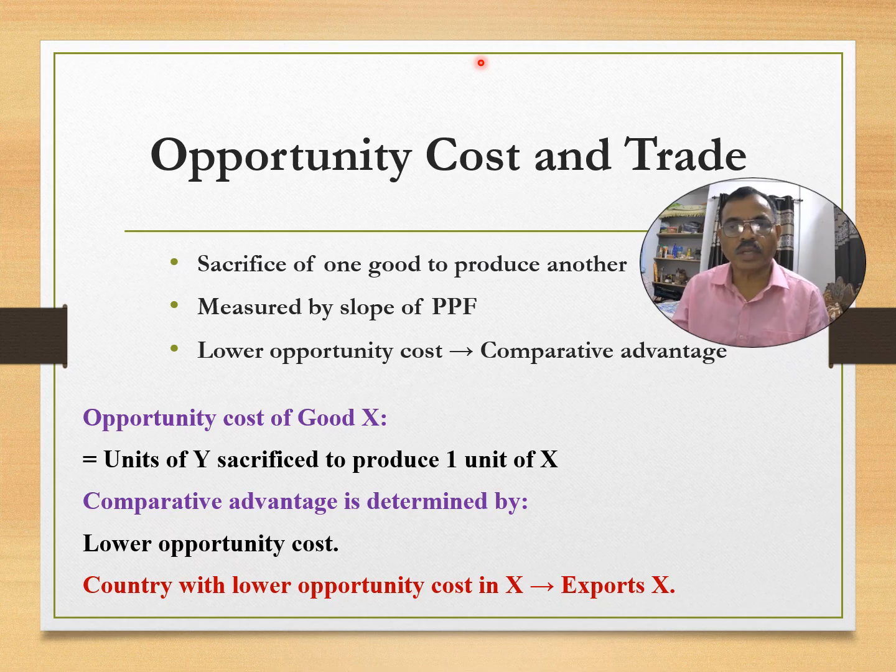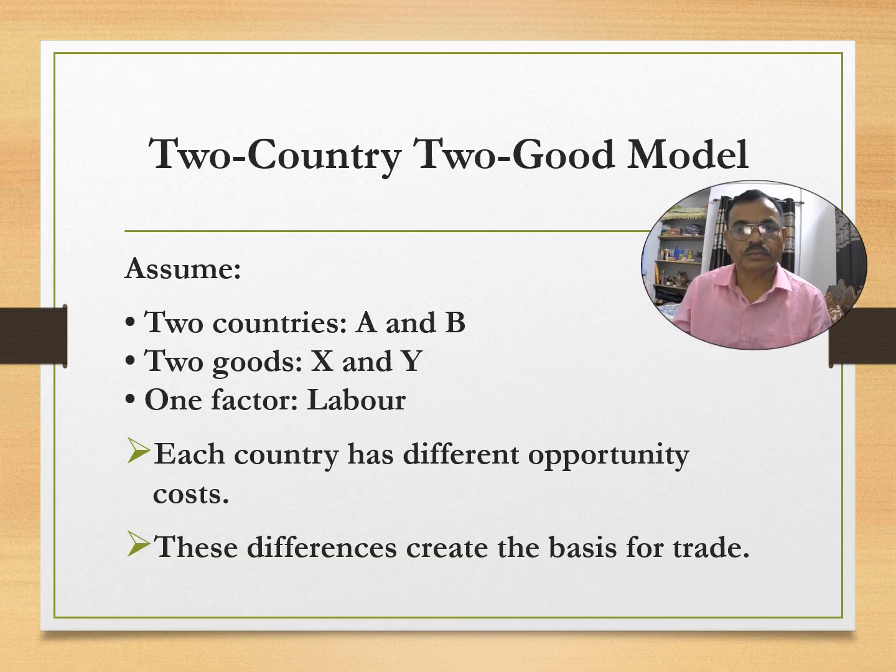Now, let us formalize this in a simple two-country model. To simplify the analysis, we assume two countries A and B, two goods X and Y, and one factor of production, that is labor.